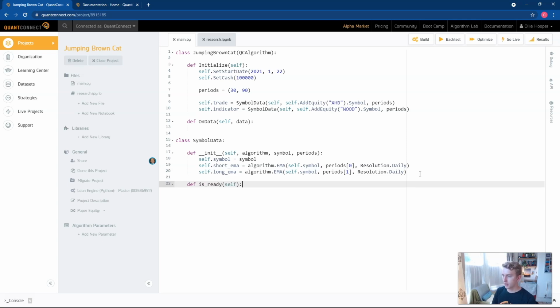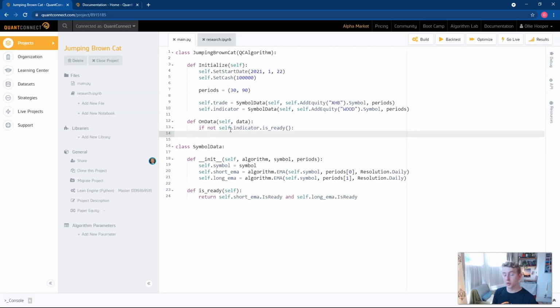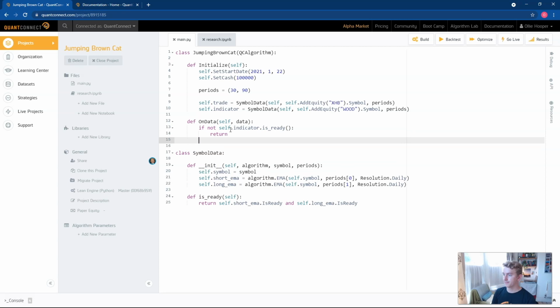It's just going to take self, and it's going to return the result of self.shortEMA.IsReady and self.longEMA.IsReady. So this is only going to return true when both of the indicators are ready, which means that we can just put if not self.indicator.isReady. We don't want to do anything now, so just return.